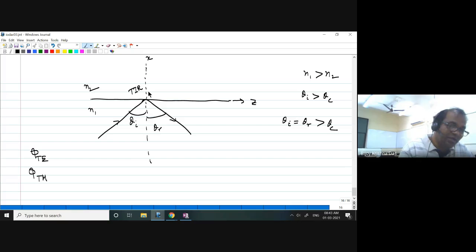So you have a field strength in the second medium according to Fresnel's equation, and at the same time, when it is totally reflected, it acquires some kind of phase.